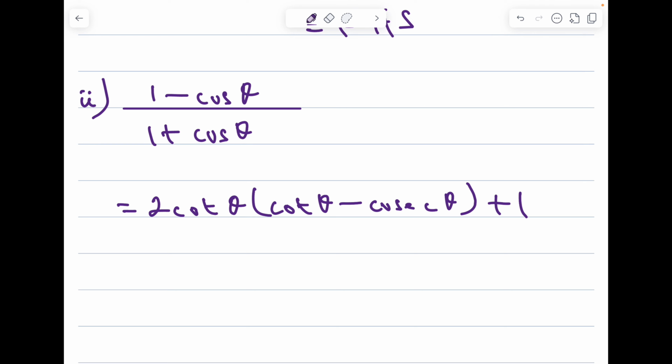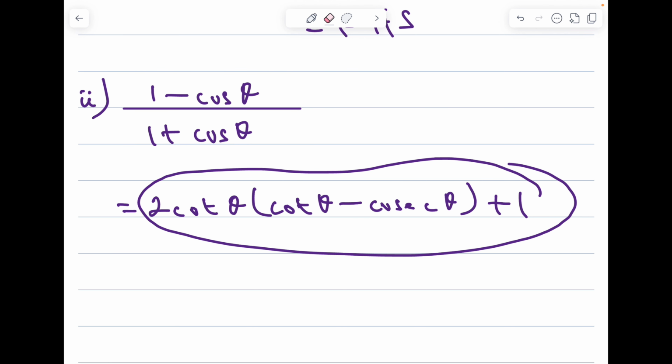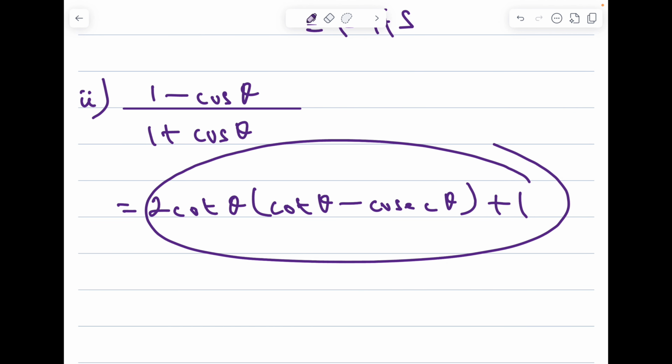That's the question. Prove that 1 minus cos theta over 1 plus cos theta is equal to 2 cot theta into bracket cot theta minus cosec theta, you close the bracket and you add 1 to that, as shown here.